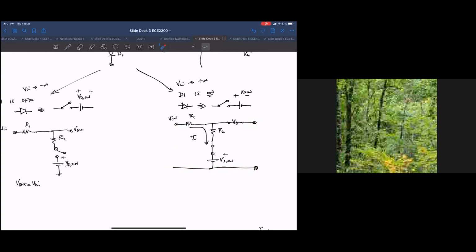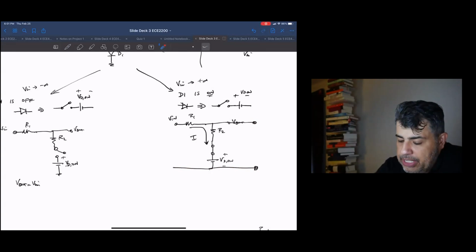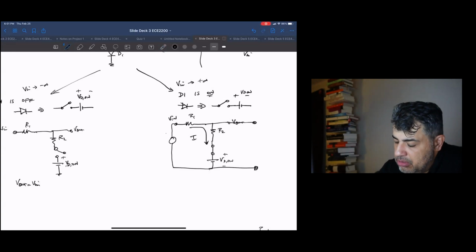I guess that answers it. I was just wondering, since KVL is supposed to be a loop. I'm assuming that this is just not shown, but the V in is actually connected here with a voltage source, if you wanted to say an input. Basically you've created a voltage between these nodes, because voltage is across something, two points.